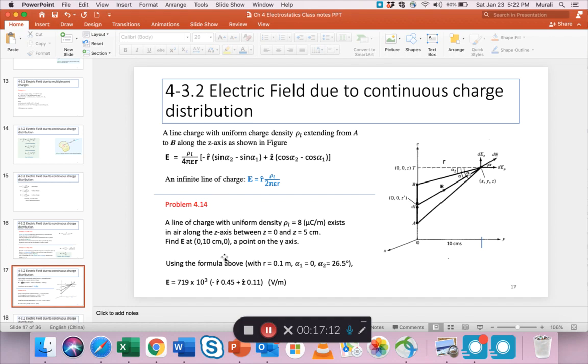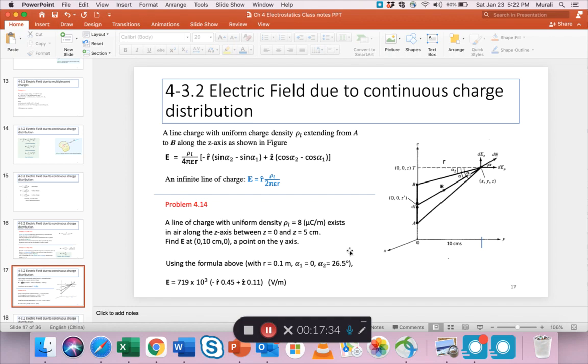Now r is 0.1 meters, given as 10 centimeters. We need to find the E at this point, 0, 10, 0, which is on the axis, and 10 centimeters is 0.1 meter, so r equals 0.1.